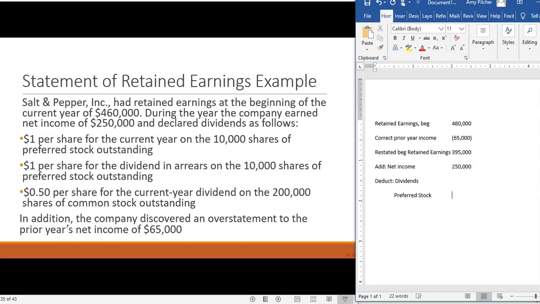So we're going to pay $20,000 out in preferred stock. Then we have common stock dividends. We pay 50 cents per share on 200,000 shares of common stock outstanding. So that's $100,000 in common stock dividends. This gives us our retained earnings at the end of the year of $525,000.